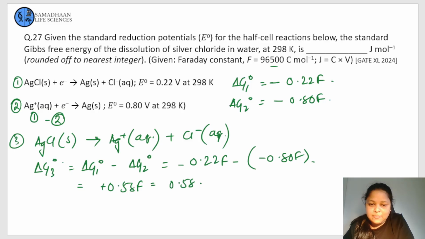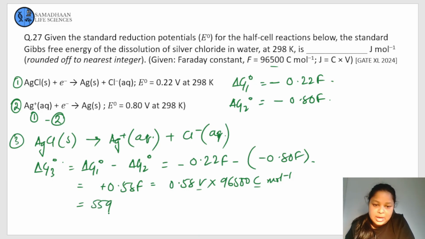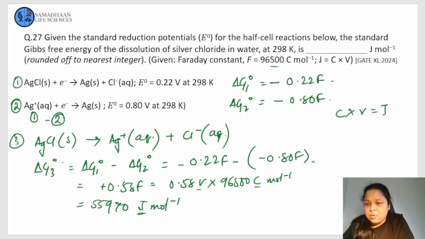This 0.58 was in volt because this is the potential difference, into the Faraday 96500. The unit is coulomb per mole. So by multiplying volt into coulomb we get joule, and the unit for the Gibbs free energy will be joule, because coulomb into volt is equal to joule. Okay, so notice the unit, and be cautious about the unit in your exam too.